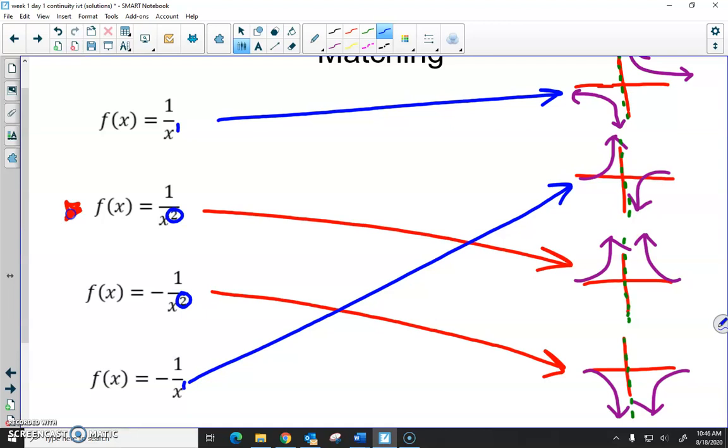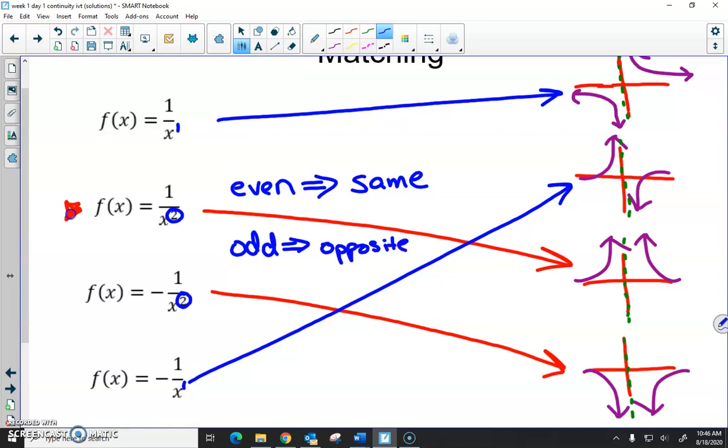If you notice, my even exponents resulted in having the same direction, whereas my odd exponents resulted in opposite behavior happening at that asymptote. Okay? So you might also think of even as equal. So even, equal, odd, opposite. Okay?